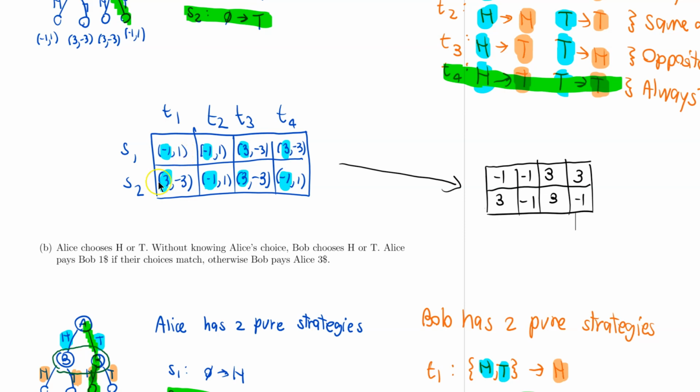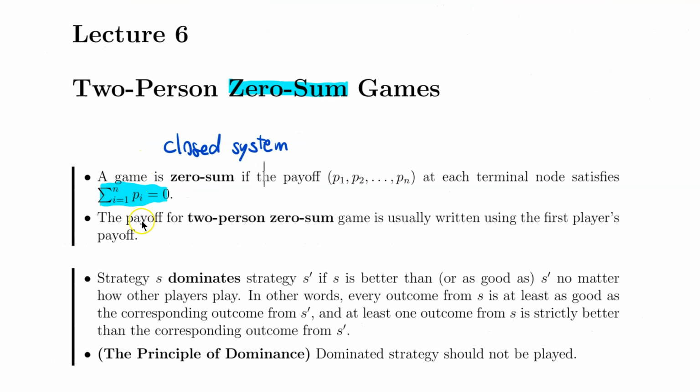Now for a zero-sum game, when I see -1, I know that this means Alice is going to pay Bob $1, and when I see 3, I know that this means Alice will get $3 from Bob. And this works for two-person zero-sum games. So basically, the payoffs for a two-person zero-sum game are usually written using the first player's payoff.